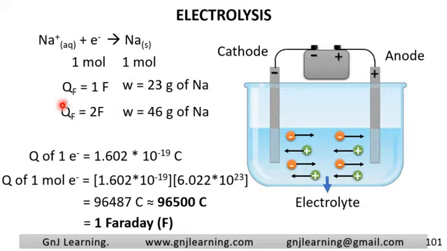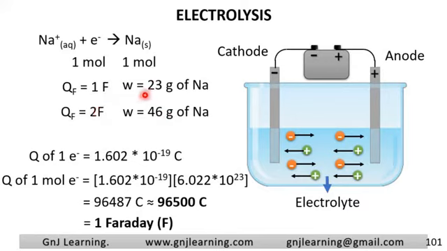Or you can say that the mass of substance that is deposited at the electrode is directly proportional to the amount of charge. Amount of substance that is depositing at the electrode is directly proportional to the charge.